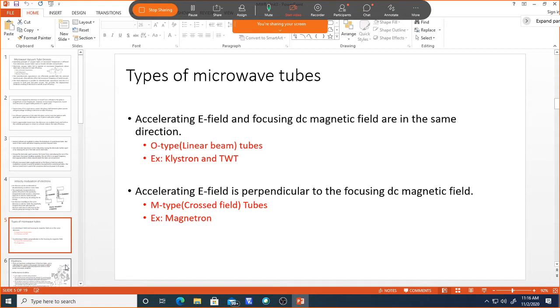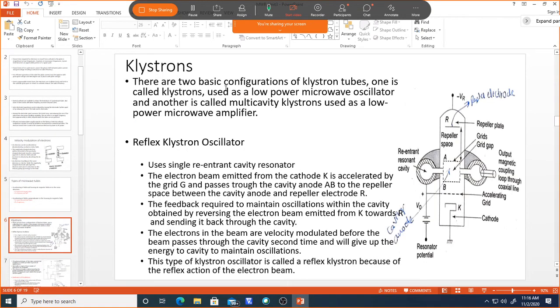Now coming to klystrons, these are one of the types of microwave tubes, where a linear beam is generated, and the accelerating E field is in the same direction as the applied DC magnetic field. In the klystron there are two basic configurations.